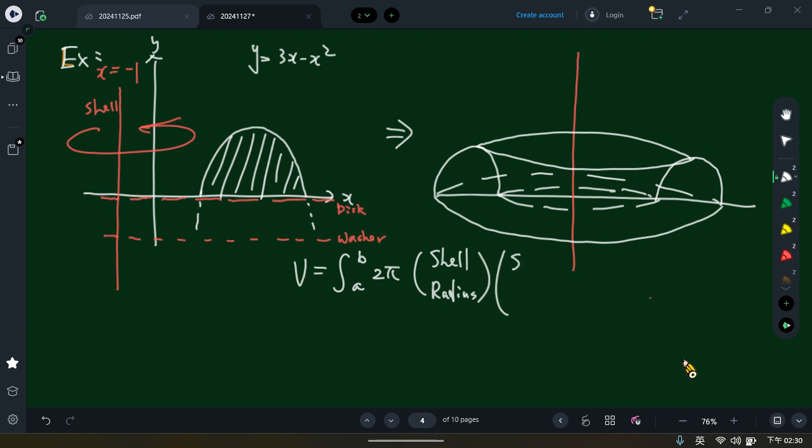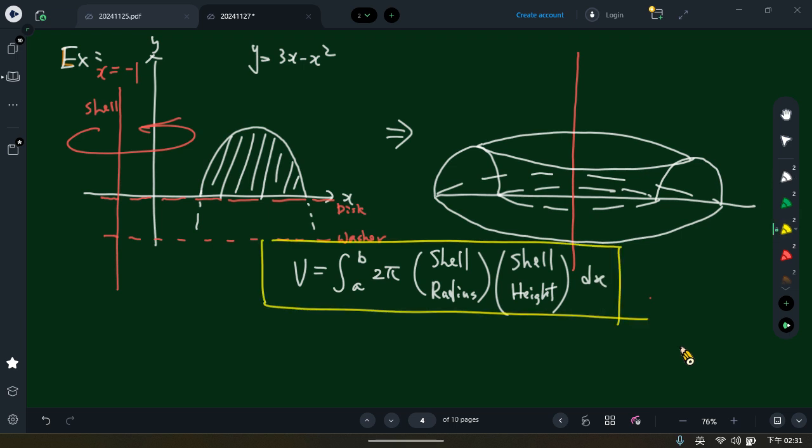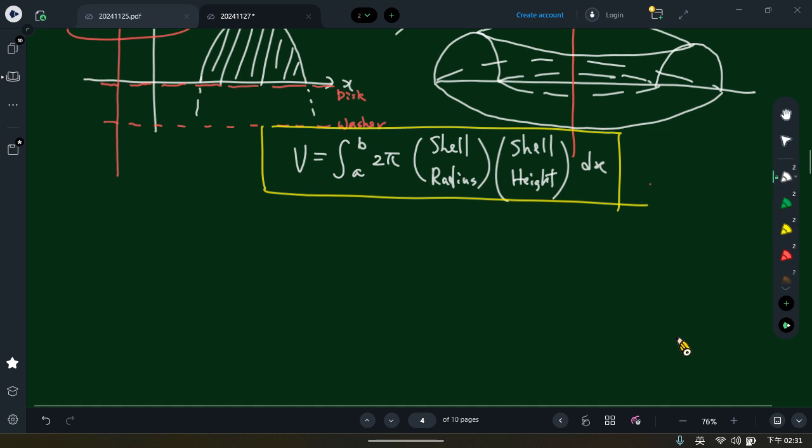Then also shell height. Shell height means you just regard each x as a pick point, a peak point, then use the peak point to calculate its height. Then dx. So this is the formula, so just remember it in your mind.